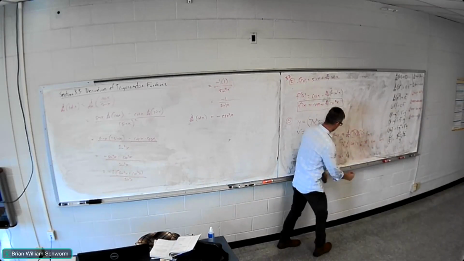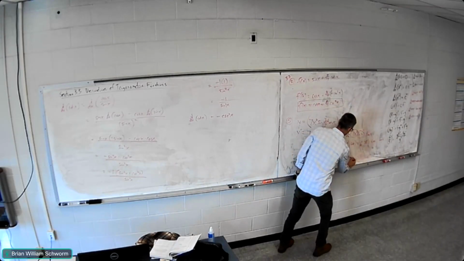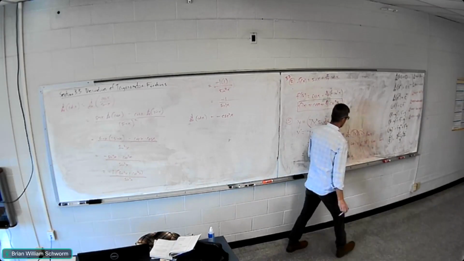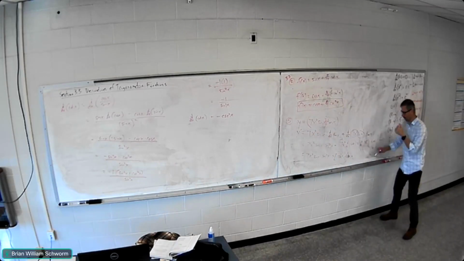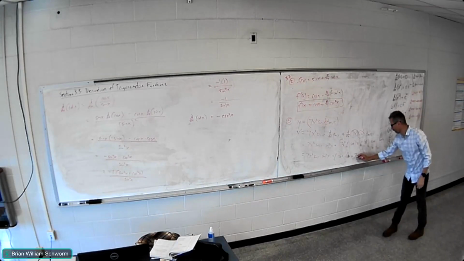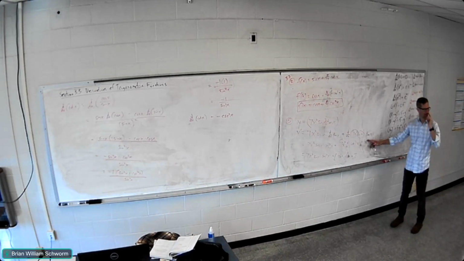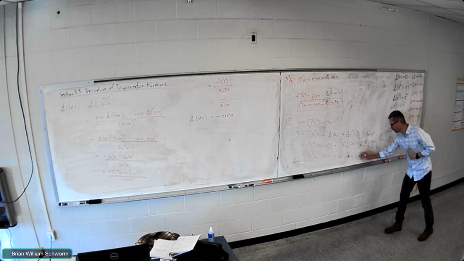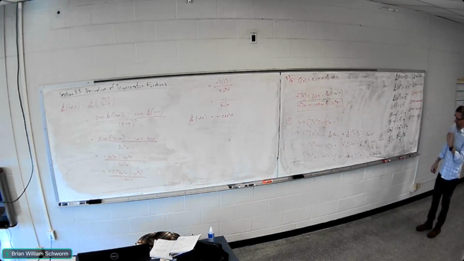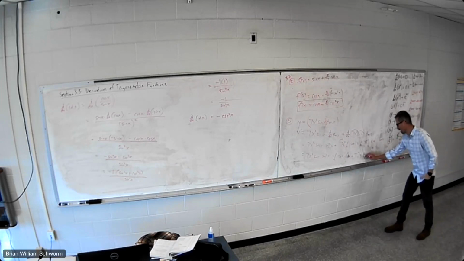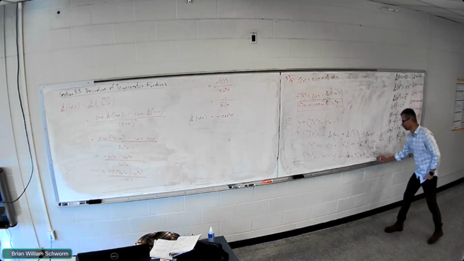Derivative of sine is cosine. Cosine of x. Plus derivative of 7x squared. 7 slides through. Then I could use the power rule to x squared, so the 2 drops down. I subtract 1. X to the 1 times sine times tangent.